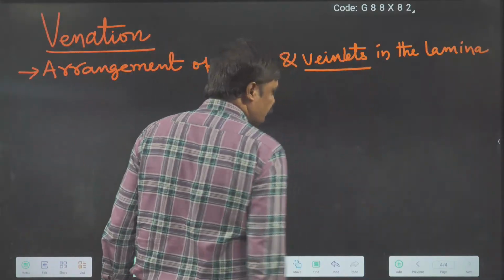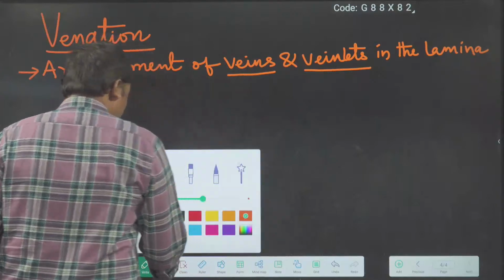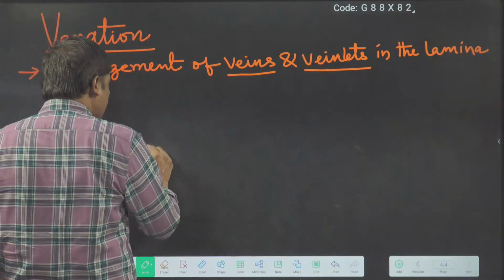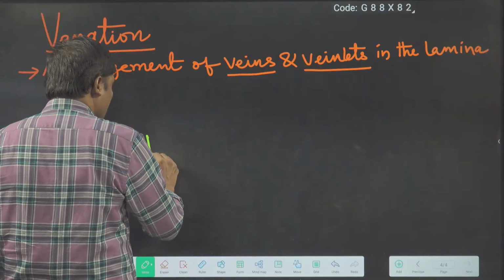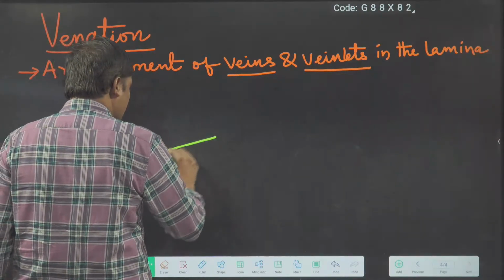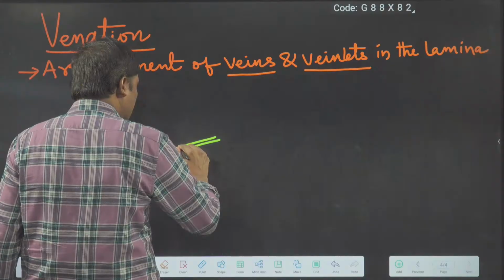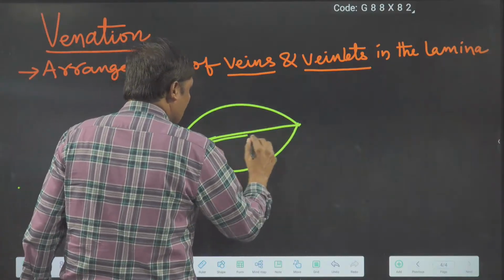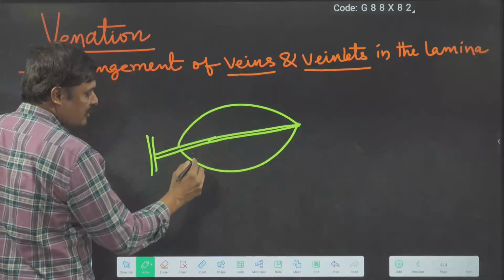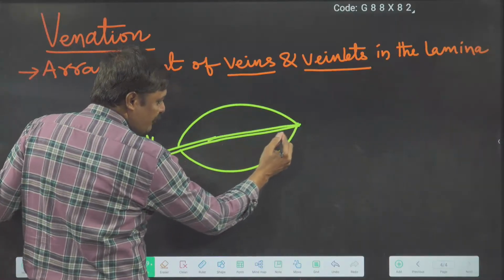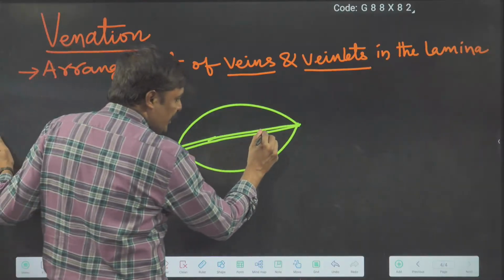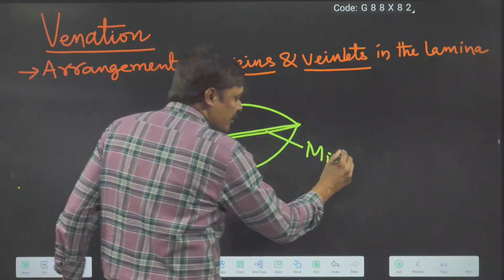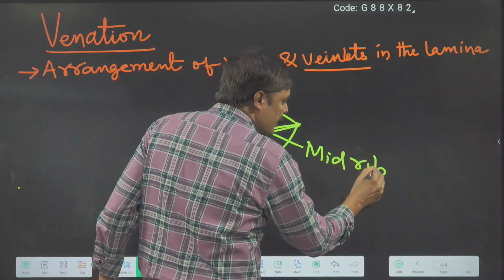Let us see. I told you already that a leaf contains veins in the lamina. See, this is the lamina. This contains veins. This is called the main vein or mid vein, also called midrib.